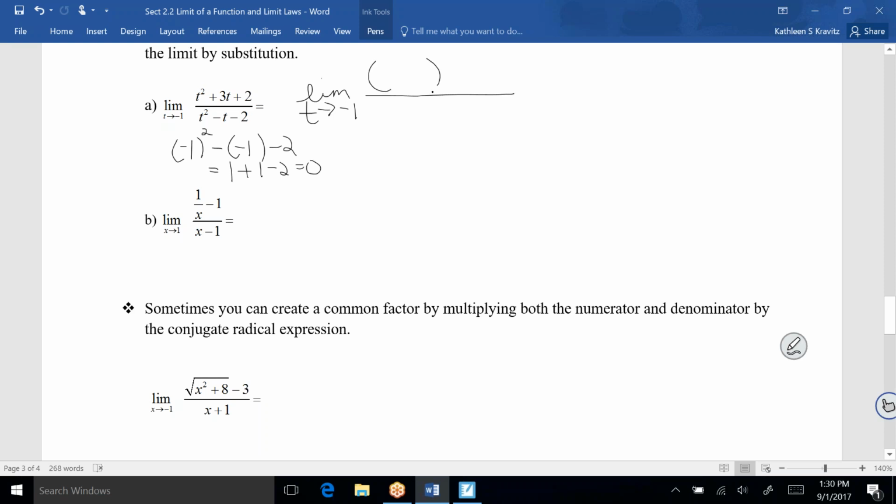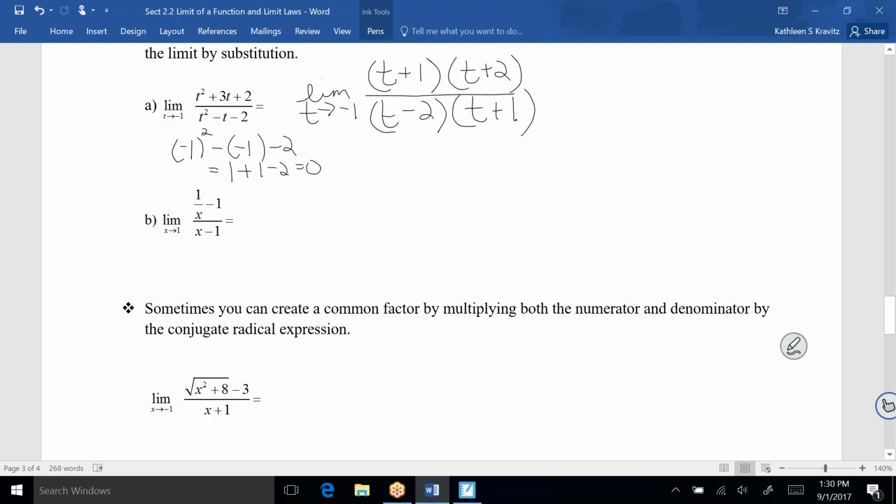And then we're going to try to factor the numerator and the denominator. The numerator factors as t plus 1 times t plus 2. And the denominator factors as t minus 2 times t plus 1.